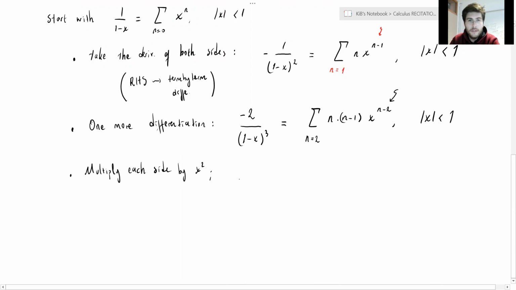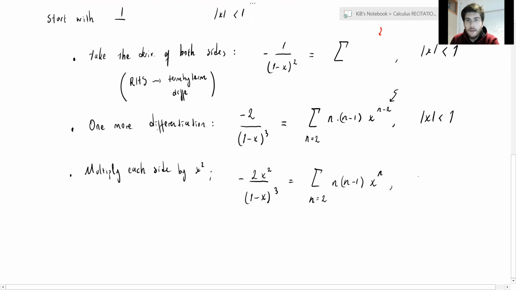Okay, so if you do this on the left-hand side, x squared over 1 minus x cubed. And when you multiply, so everything by x squared, so n times n minus 1 times x to the n. Okay, with this same domain of convergence. Okay.